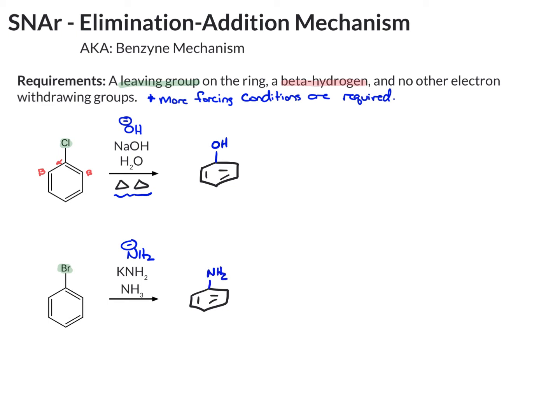And with these, there's also a protic solvent involved. And we'll see why that is when we talk about the mechanism. So kind of the important thing to keep in mind here is how to differentiate this from addition elimination, the other mechanism, and essentially you just do that by the lack of the electron withdrawing groups on the ring.